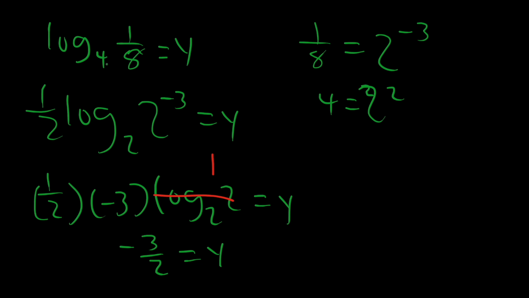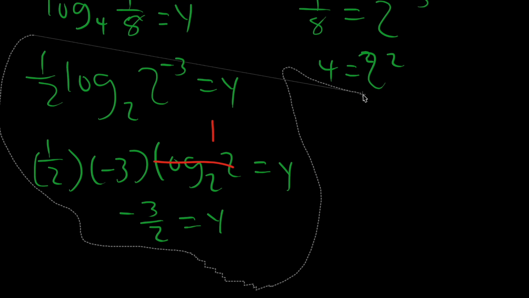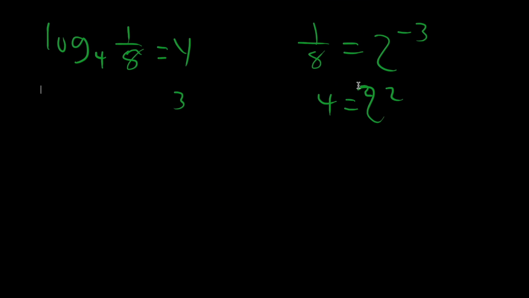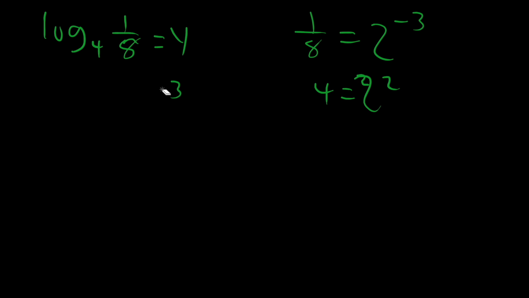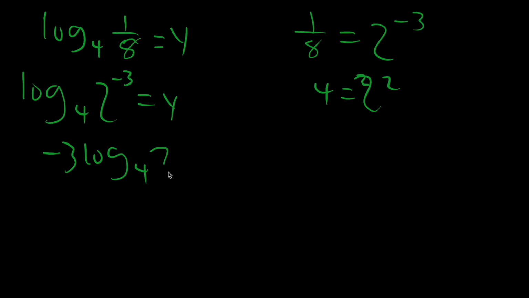If you don't want to change 4 to 2 squared, you can also solve it by using simple algebra. So it will become something like this. Log base 4 of 2 to the -3rd power is equal to y. And then you can move -3 to the front. And now you need to solve this part first.